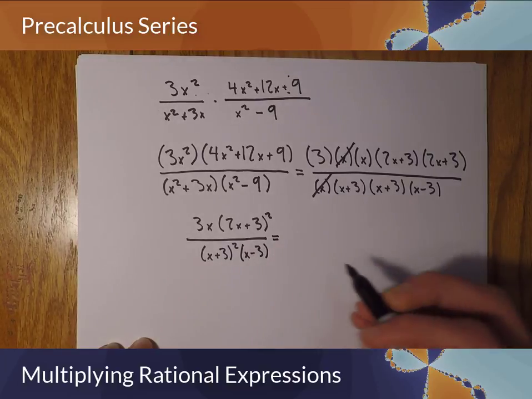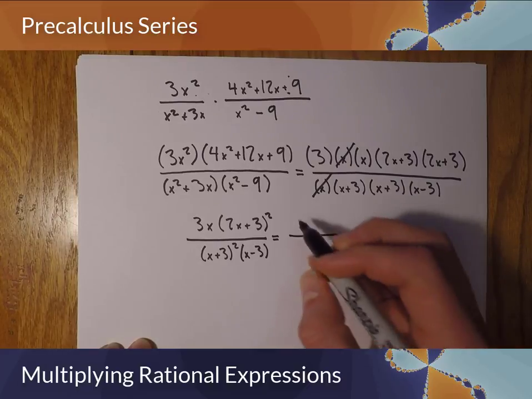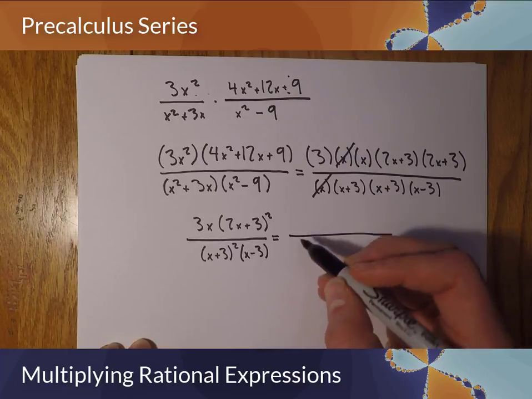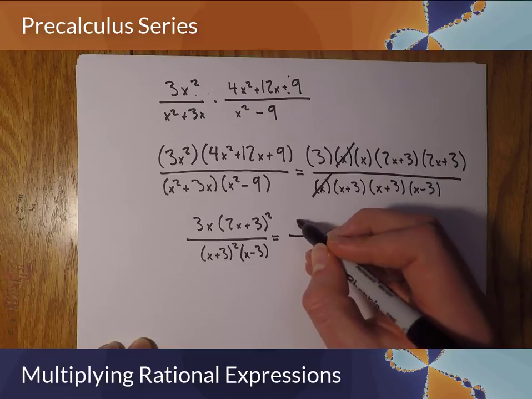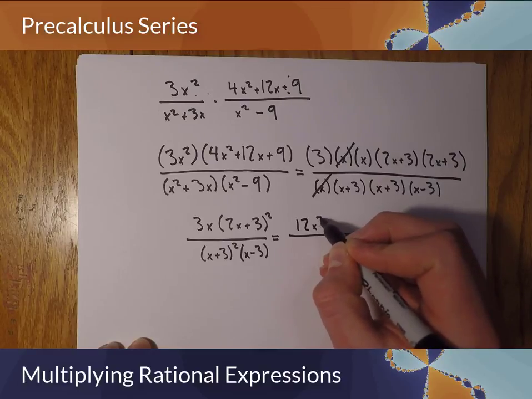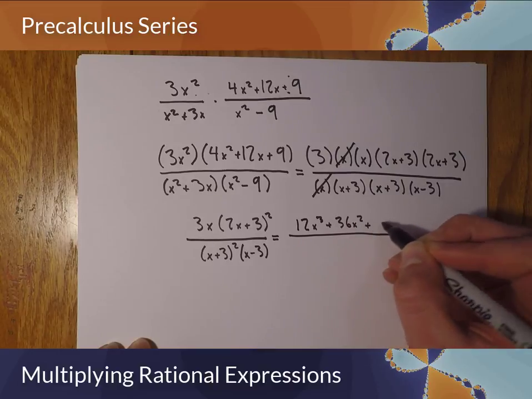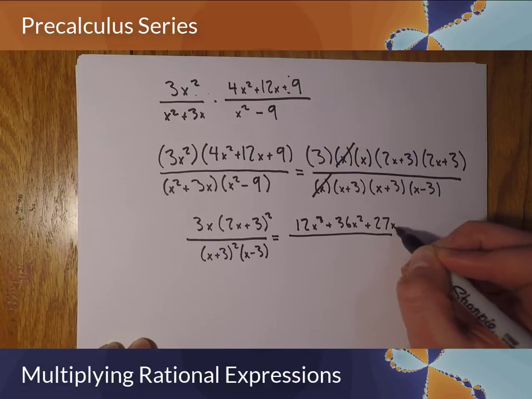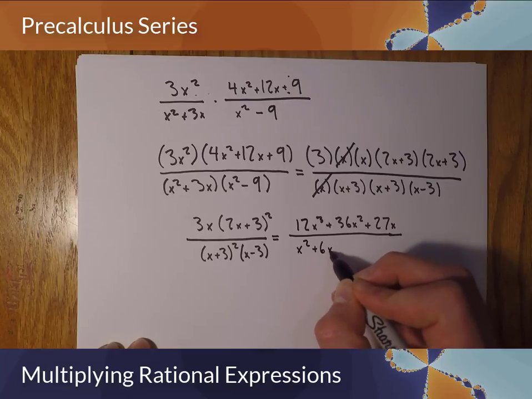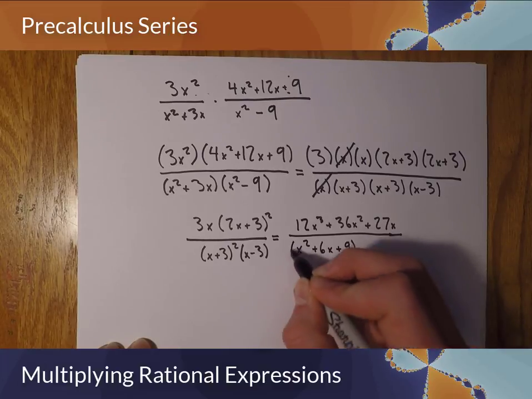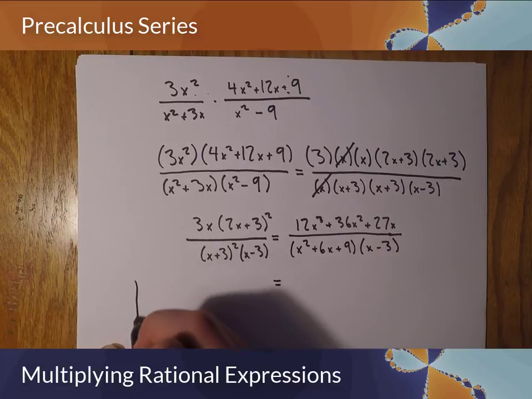So when everything's all said and done, this whole expression equals 12x cubed plus 36x squared plus 27x, and this is all over (x squared plus 6x plus 9) times (x minus 3). And just to expand it all the way, I'm going to create a little box in this corner here.